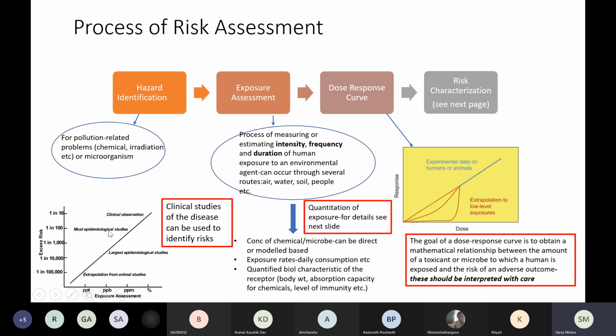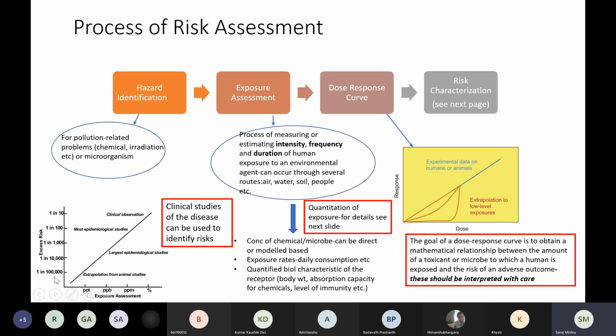If this particular risk is only 1 in 100, then epidemiological studies need to be carried out. Now if the risk further reduces to 1 in 1,000 or 1 in 10,000, then very large epidemiological studies need to be carried out. That is, entire populations or villages need to be taken, and then you need to find out what the exposure is, what the assessment is, etc.